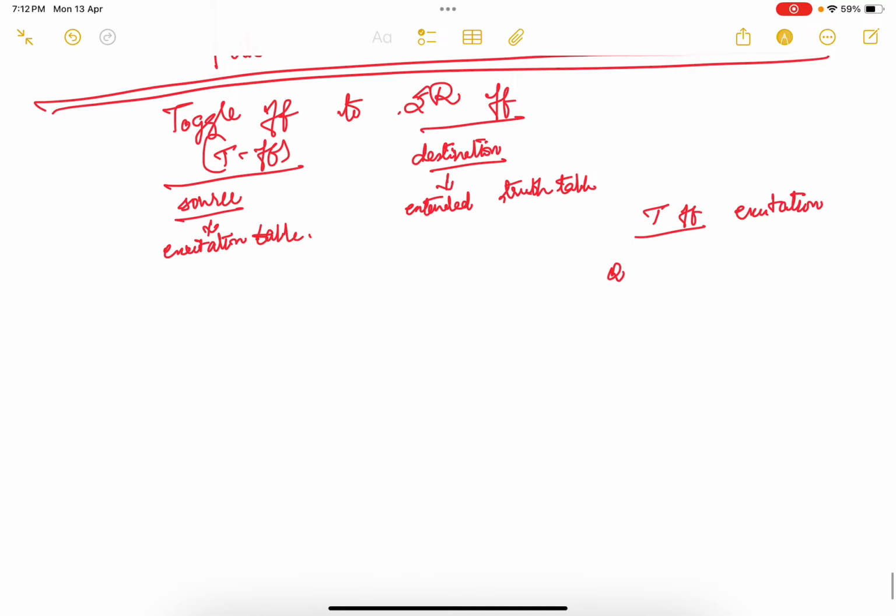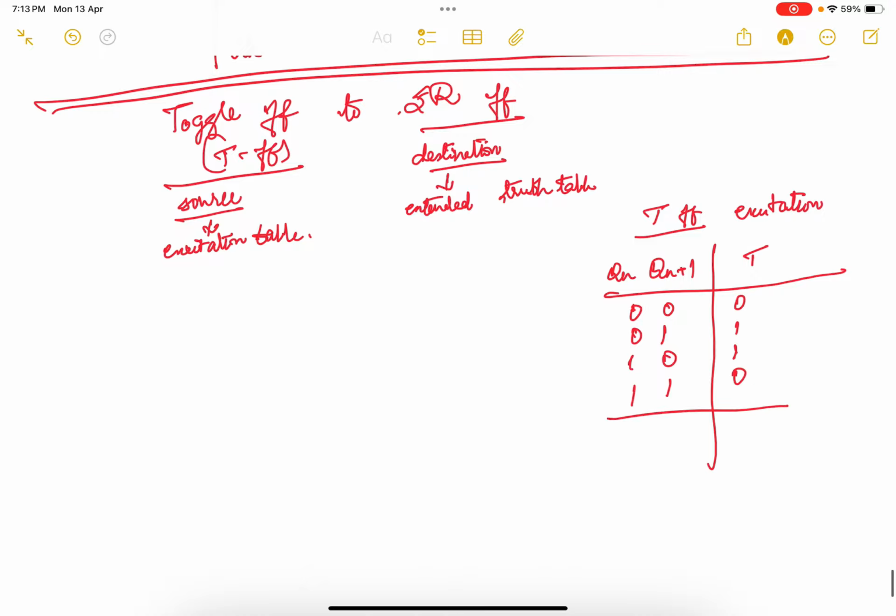So if you see the excitation table for the T flip-flop, it is Qn plus 1, and what will be the mandatory input of T? It may be either 0 0, 0 1, 1 0 or 1 1, and it can be either 0 1 1 0. So this is the excitation table. Now for the destination SR flip-flop I am going to draw the extended truth table.